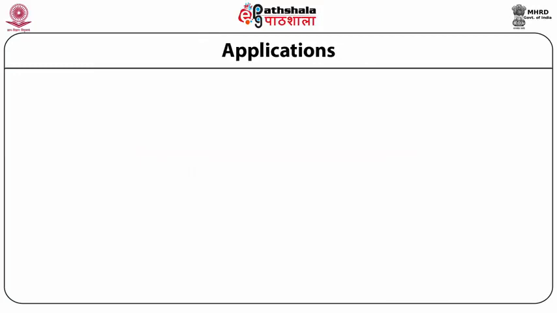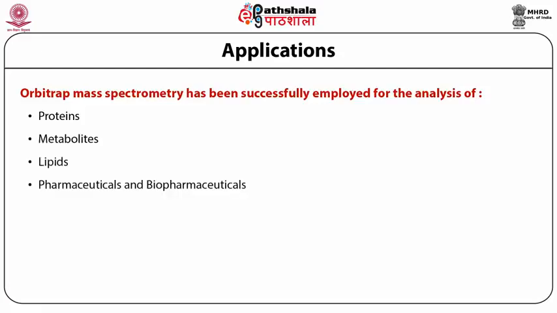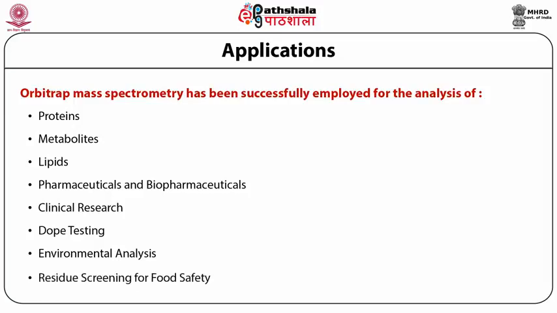Here I have penned down the applications of Orbitrap mass spectrometry, which has been successfully employed for the analysis of proteins, metabolites, lipids, pharmaceuticals and biopharmaceuticals, clinical research, dope testing, environmental analysis, and residue screening for food safety. So you can see that the application is quite versatile and it can be used in quite a lot of areas of research as well as routine analysis by mass spectrometrists.